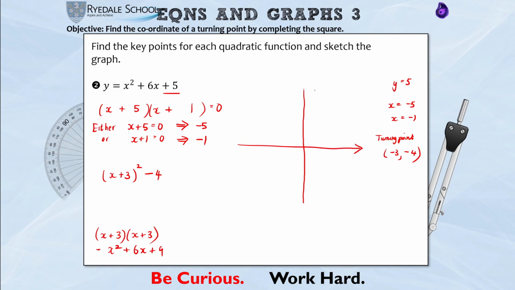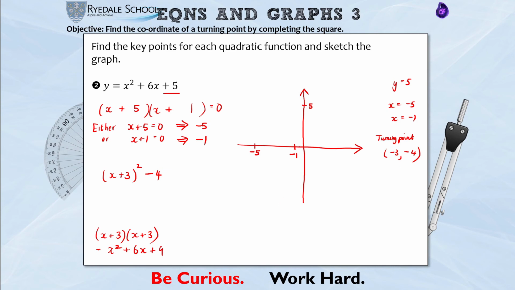So let's have a go at sketching this one. See if I can do a better job than the last. So I'm crossing the x-axis at -1 and -5. I'm crossing the y-axis at 5.